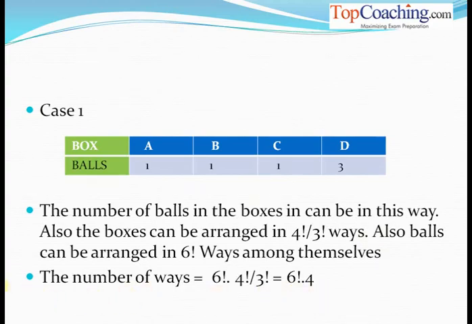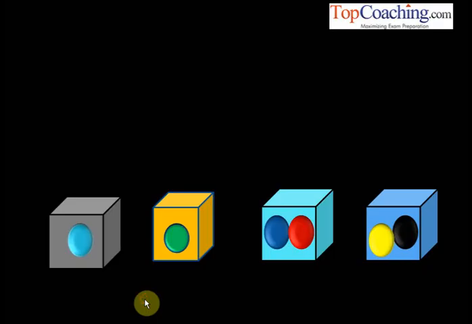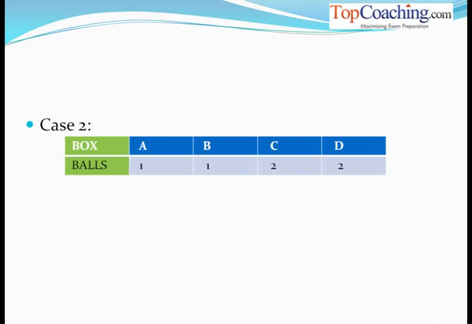Now the other case could be, one box contains one ball, second box contains one ball, third box contains 2 balls, and the fourth box contains again 2 balls. This can be written in tabular form as, box A contains one ball, box B contains one ball, box C contains 2 balls, and box D contains again 2 balls.